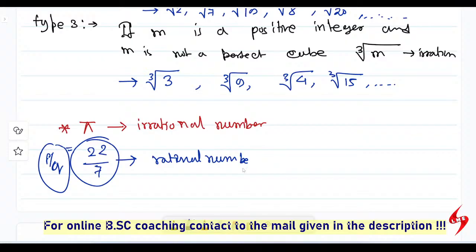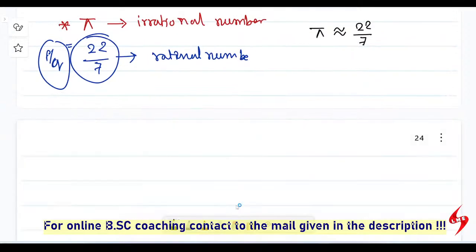So why do we write pi as 22 by 7? Because to calculate easily we just use the approximate value, that is 22 by 7. Okay, this is an approximate value because the decimal expression of pi is non-terminating, and it is also non-repeating.